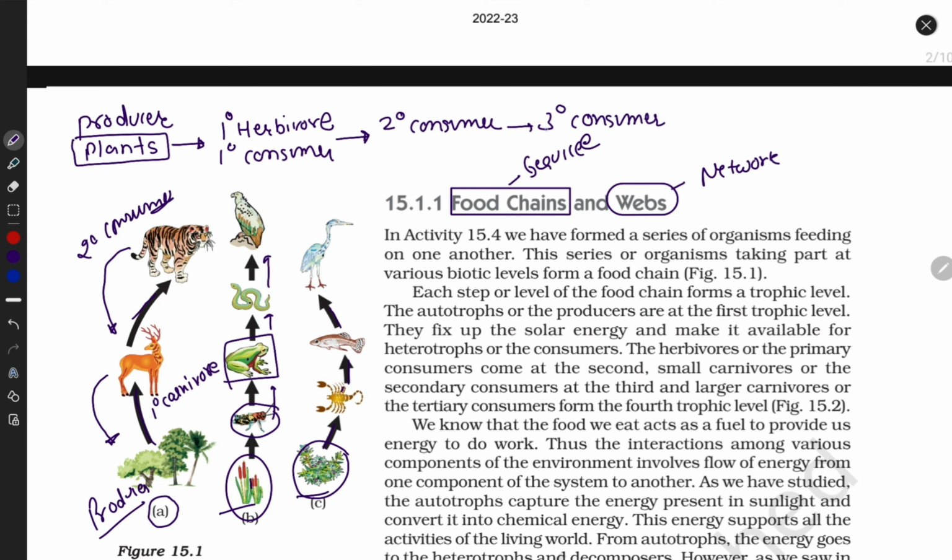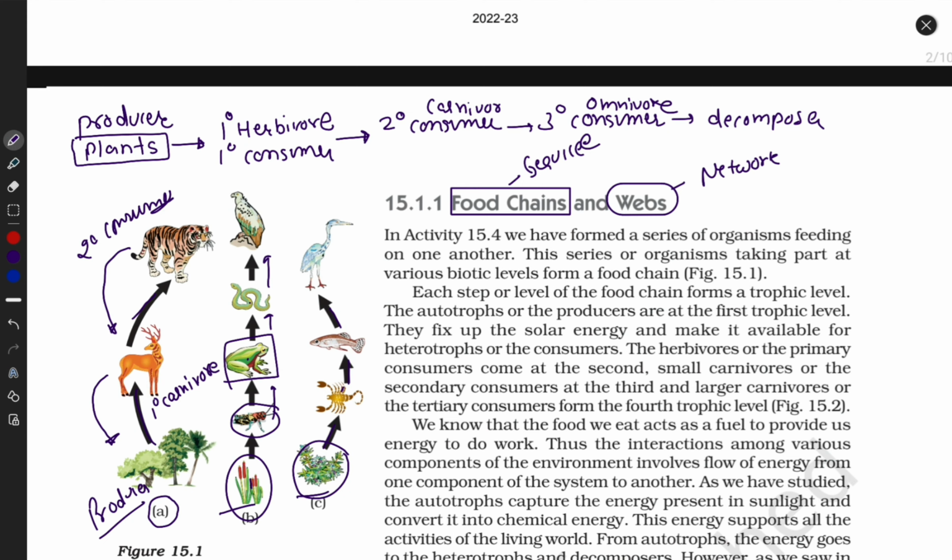They consume secondary consumers. When tertiary consumers die, decomposers feed on them. Herbivores, carnivores, omnivores, and decomposers like fungi and microorganisms. This is a food chain. This is a sequence.